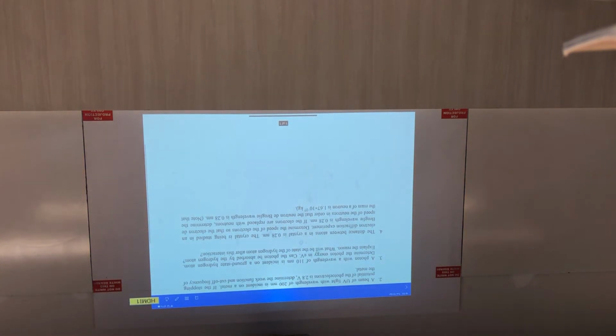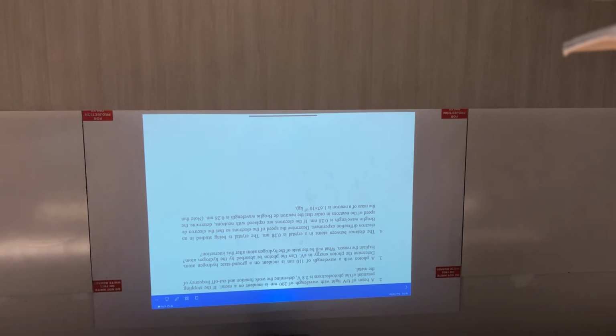Now let's look at question number 3. A photon with a wavelength of 110 nanometers is incident on a ground state hydrogen atom. Determine the photon energy in electron volts. Can the photon be absorbed by this hydrogen atom? Explain the reason, and what will be the state of the hydrogen atom after the interaction.